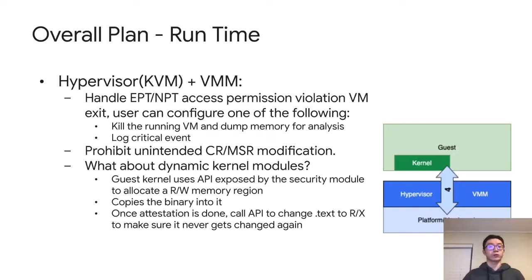First of all, the kernel code will allocate a read-and-writable memory region, then copy the binary into it. And once the verification is done, it will call the API to change the code segment of that memory region to be read and executable. So the hypervisor will make sure the code segment never changes after the first time you load the kernel module.